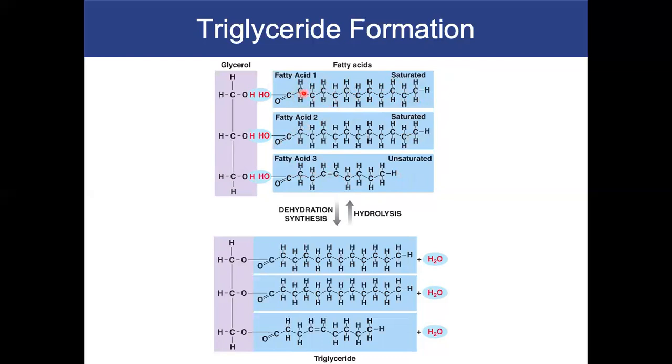So this has 4 bonds, that has 4, that has 4, that has 4, that has 4. So each carbon has a maximum number of bonds. Fatty acid 2 in this picture is saturated. Fatty acid 3, take a look at the 1, 2, 3, 4, the 4th carbon. Do you see how there's a double bond there?